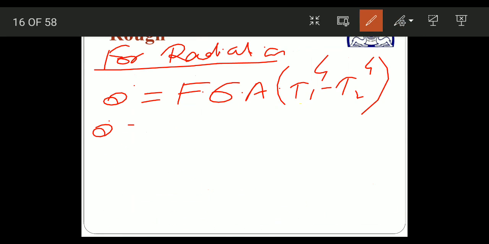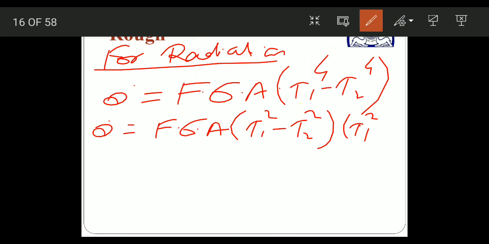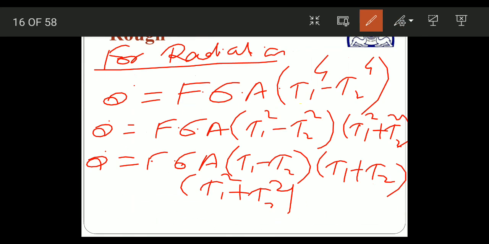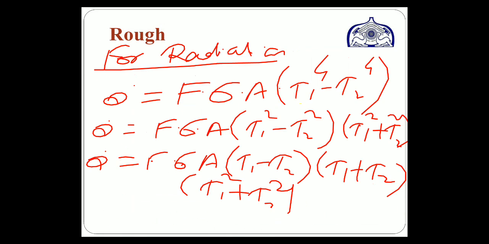If you modify this equation, using a square minus b square, we get T1 square minus T2 square in one bracket, T1 square plus T2 square in another bracket. And again this can be written as T1 minus T2 in a bracket, T1 plus T2 in another bracket, and T1 square plus T2 square as it is.